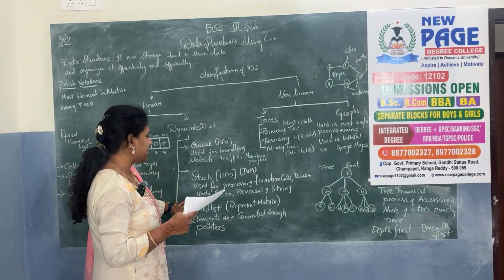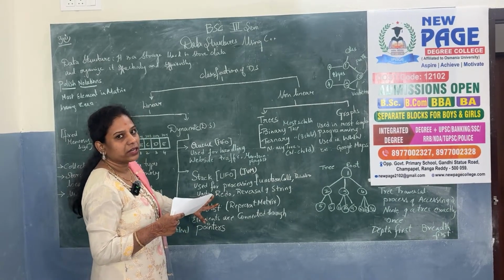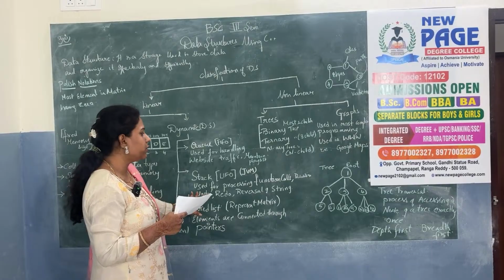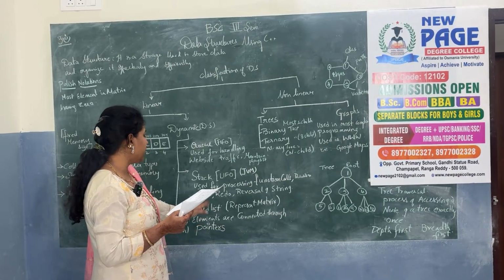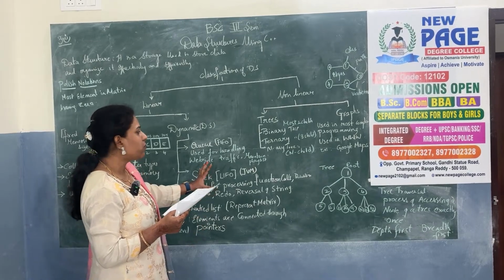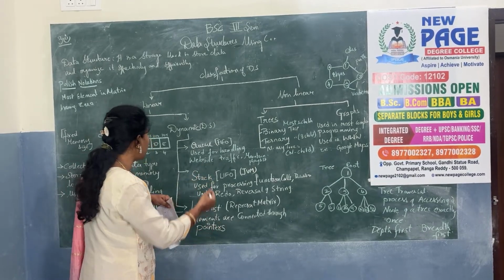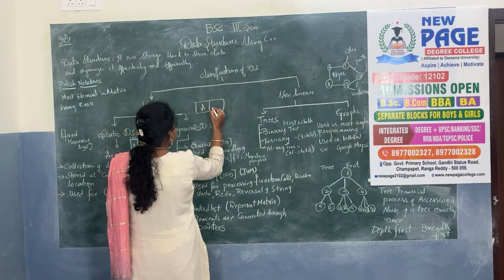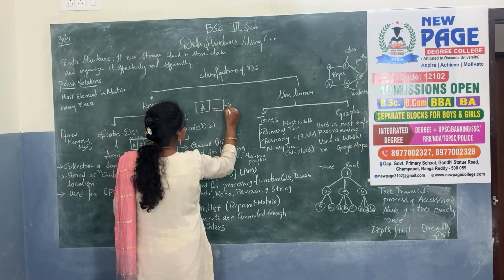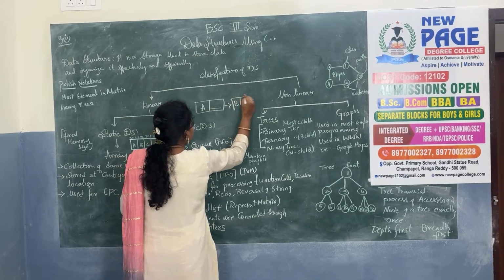And what is a linked list? Linked list is nothing but a way to represent data where elements are connected through pointers. Firstly, how are the elements connected by pointers? Consider this element and the address of the next element.